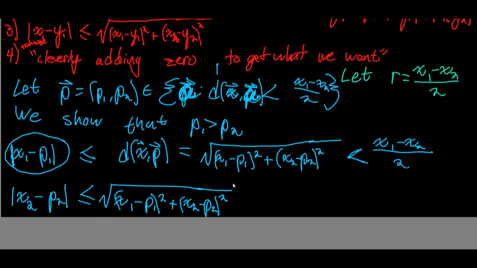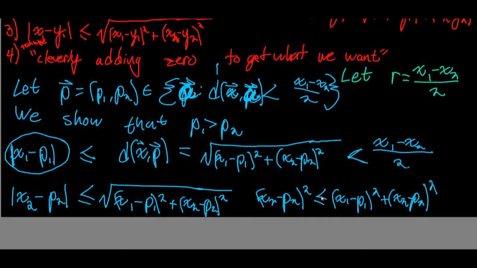We can see that this is true: if we were to square both sides, we would get (x2 minus p2) squared less than or equal to (x1 minus p1) squared plus (x2 minus p2) squared. This is certainly true because (x1 minus p1) squared is either equal to 0 or greater than 0, and so the left-hand side must be less than or equal to the right-hand side.